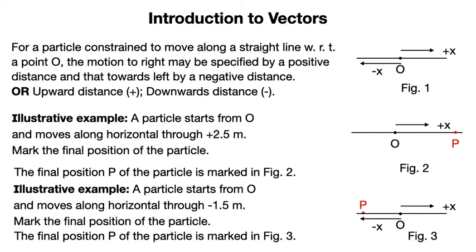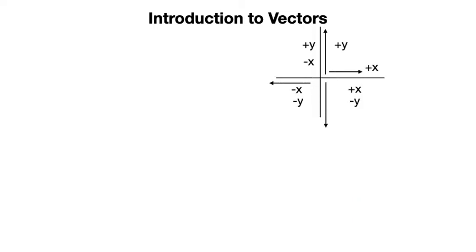So we have seen that with additional information, not just the distance, we can locate the final position of a particle. This is the convention which we normally use, and you are all very familiar with this. This is the origin; to the right of the origin, distances are positive.